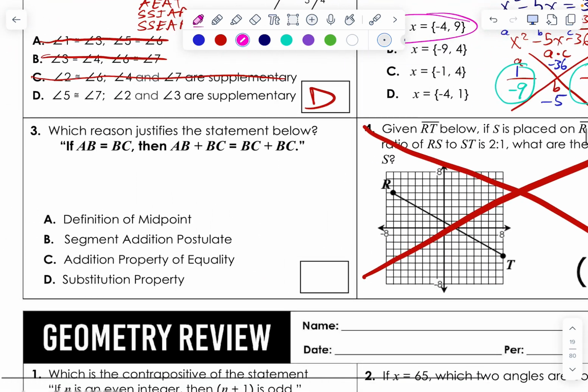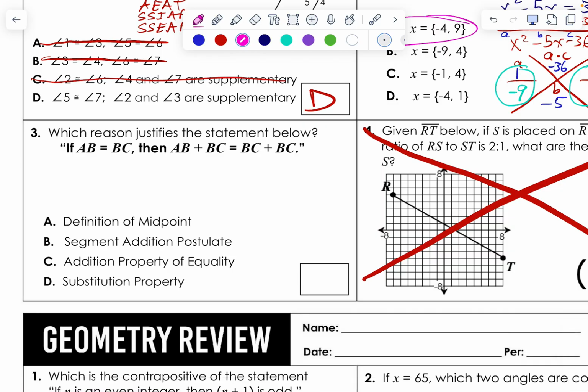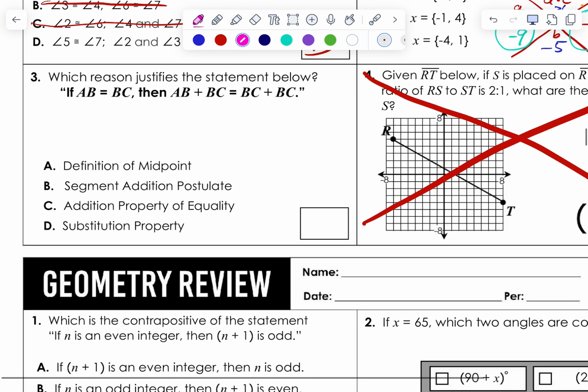All right, number 3. So this one is kind of wordy, but I think if you just follow what it says, the actual idea is easy. So AB and BC are the same. So AB plus BC is BC plus BC.